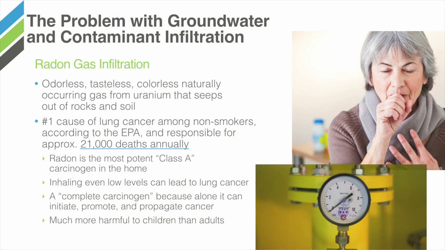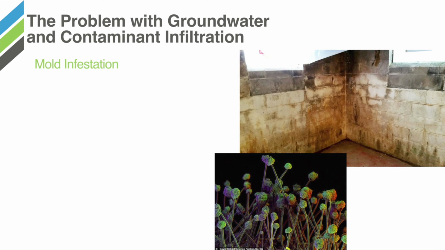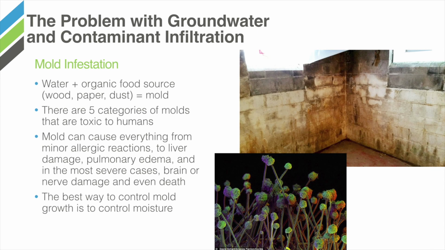It is one of the most potent contaminants, and exposure to children or even just small exposure can lead to cancer. While radon has been around for centuries, the impact of mold inside buildings is relatively new. Buildings have become more efficient, and therefore if moisture can enter a building, it has a very difficult time exiting the structure. This can create mold infestation, and mold comes in a variety of different types.